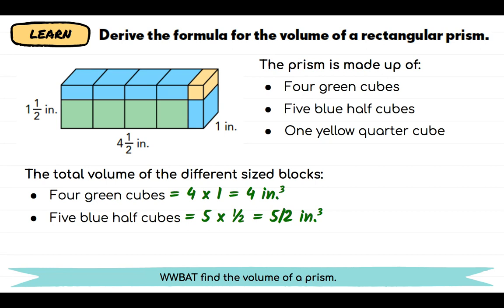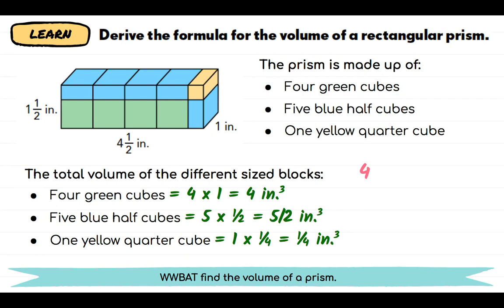So the volume of the blue area is 5/2 cubic inches. And then we have 1 yellow quarter cube. So we have 1 times 1/4 of a cube equals 1/4 cubic inch. To add them up, I can add 4 plus 5 halves plus 1/4.